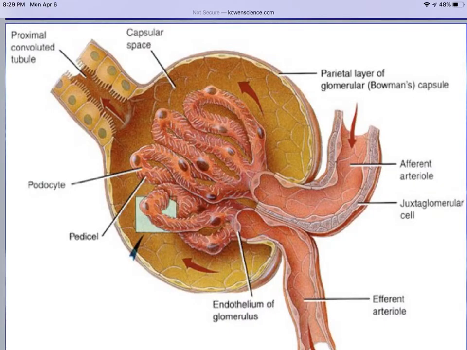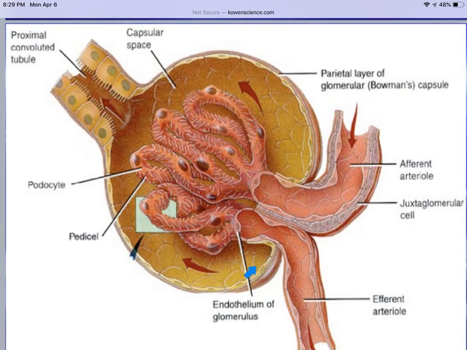The functioning unit of the urinary system is the nephron. The nephron is what begins separating out the waste from the blood. There are millions of nephrons in the kidneys. Now here we have a glomerulus. We've got a proximal convoluted tubule here.